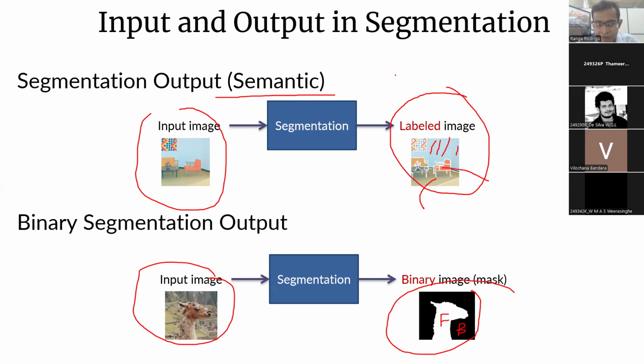And we studied about object detection also. Then if you detect instances in an image, that means each human being, each pedestrian, each car, that's called instance segmentation.